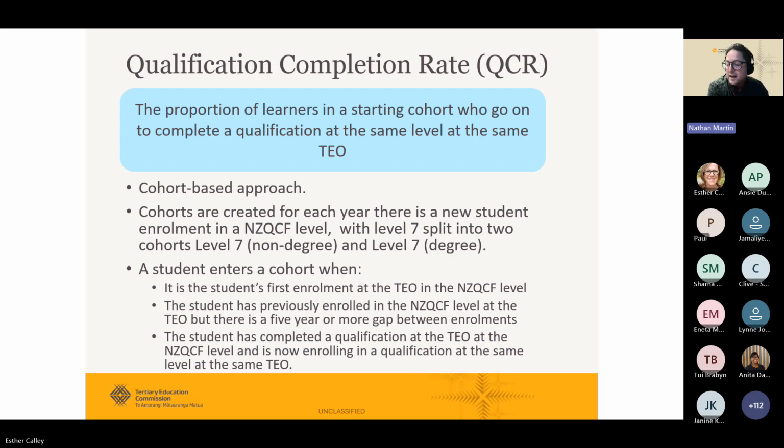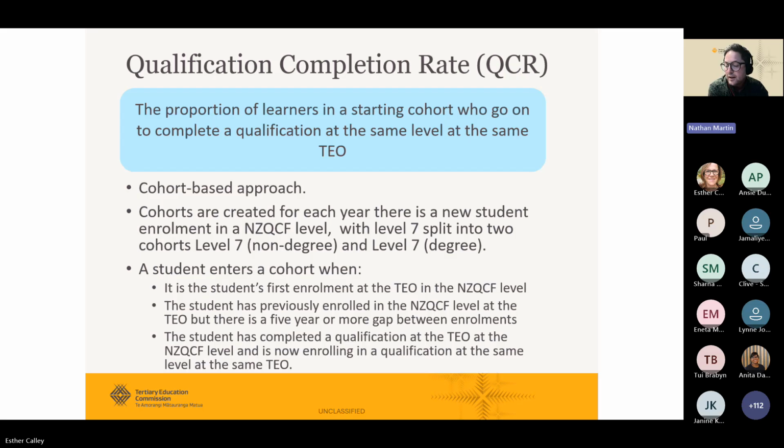A cohort is a group of learners who enter a qualification level in the same year. A new cohort is created each year for each NZQCF level, with level 7 split between level 7 non-degree and level 7 degree.